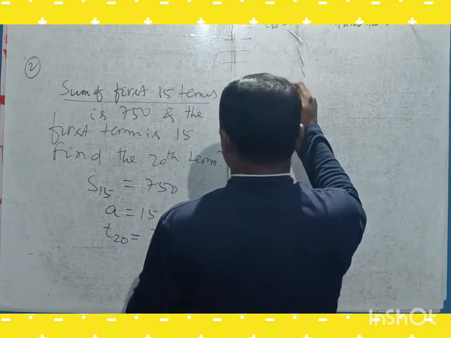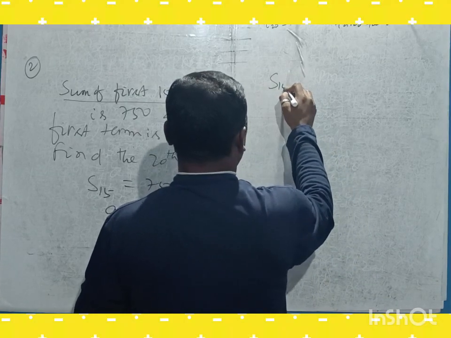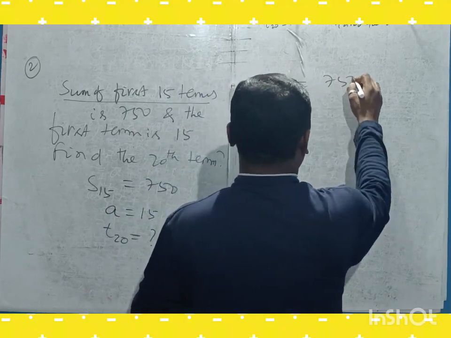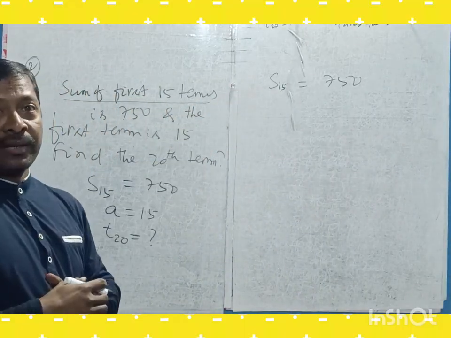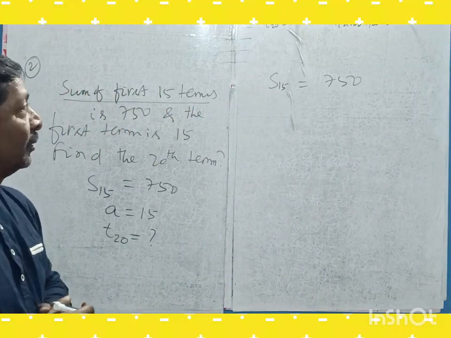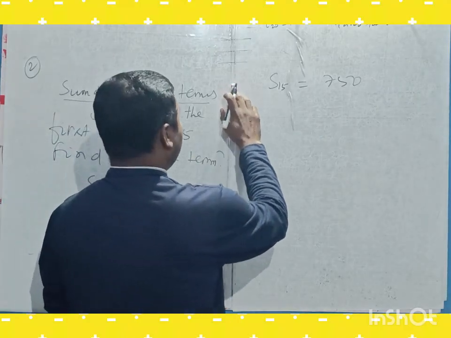Okay. So S15 is equal to 750. This is given. So I am writing the Sn formula with 15 as the n value.